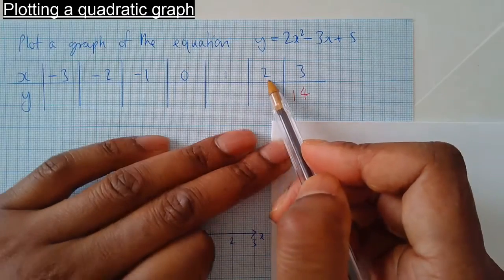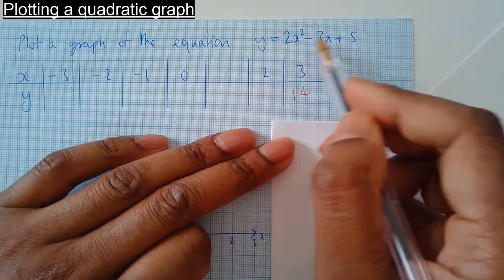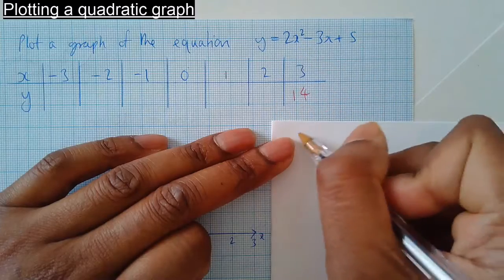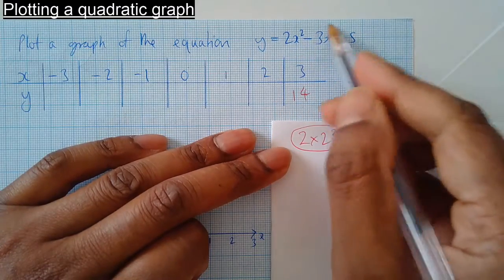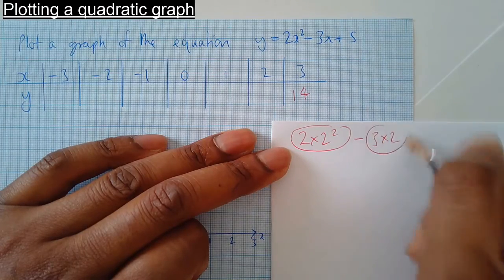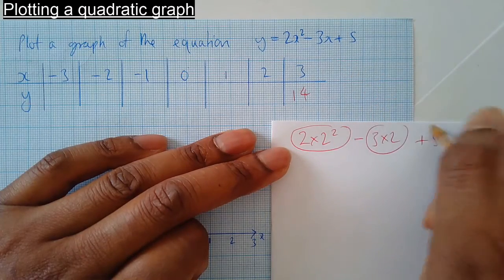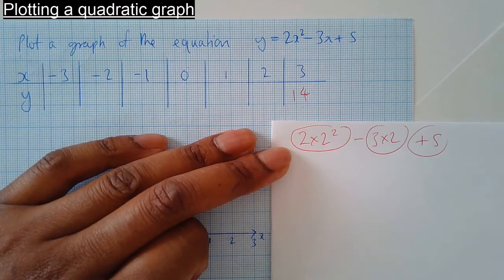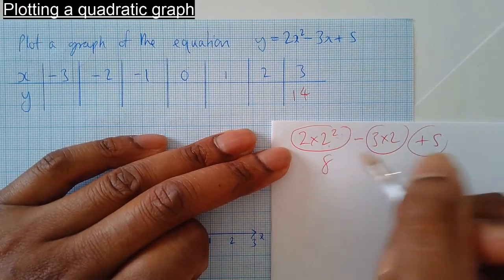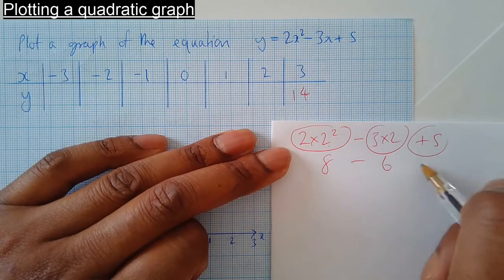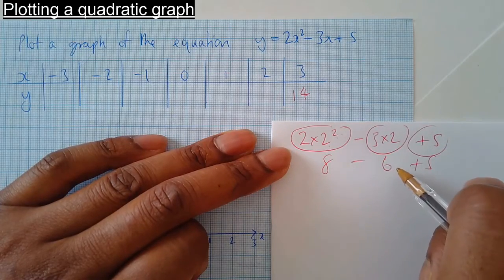Let's do this one. Replace the x's with 2. Now this bit here. Two squared is 4, 4 times 2 is 8, 6 plus 5, that gives you 7.